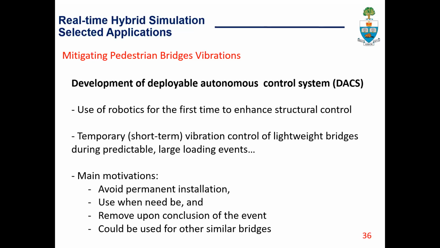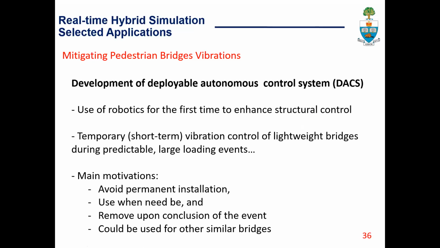So if you know that there's going to be a marathon and the path also includes a lightweight bridge, in order to control the resulting vibrations, you can deploy one or multiple of these DAX systems, deployable autonomous control systems, and they will locate themselves on the proper location on the bridge.